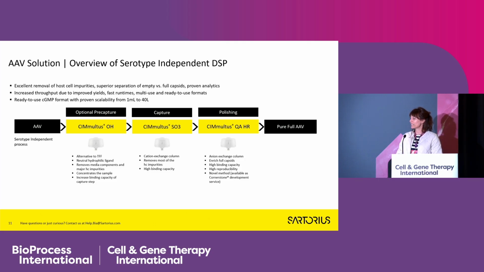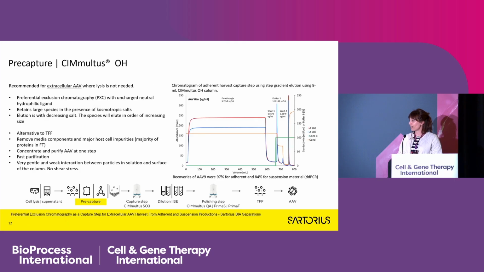But basically, those two steps are, let's say, standard procedures when we are purifying AAV, but sometimes our purification method might start with one step before, a pre-capture step where we are using a CIM OH column, and I will start with explanation of this step first.